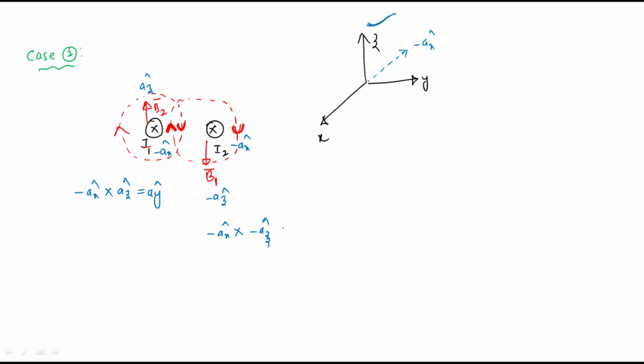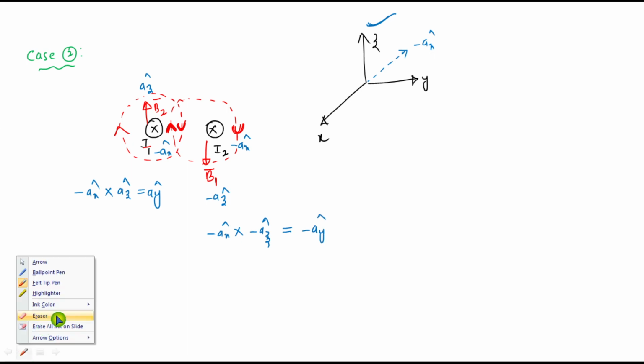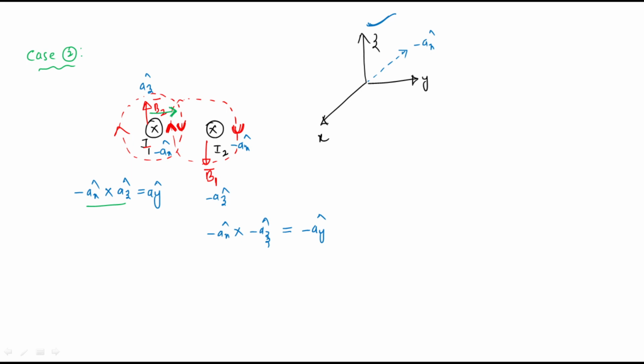Minus ax cross minus az should be equal to minus ay. So the force direction: minus ax cross az cap is equal to ay. This is F21. This is F12.